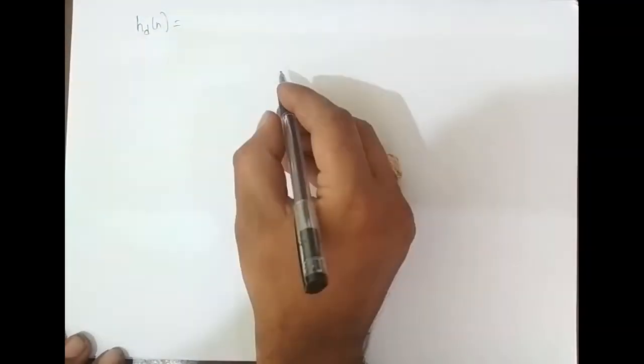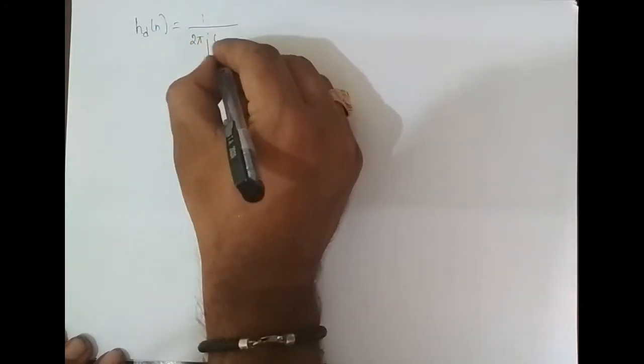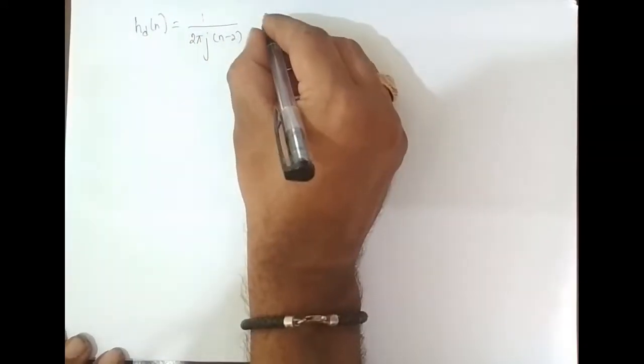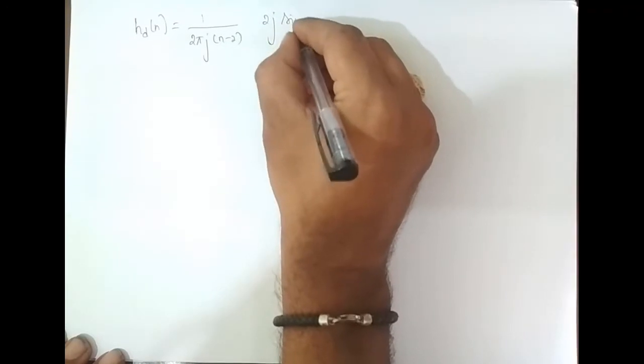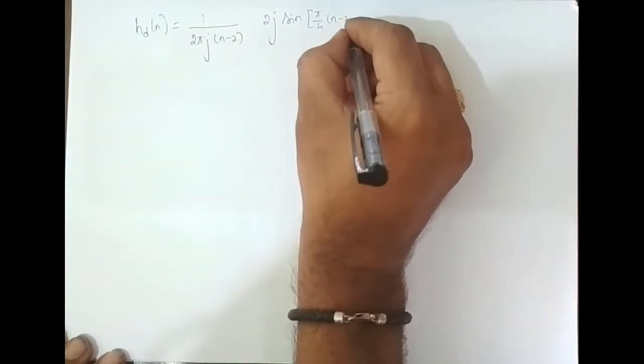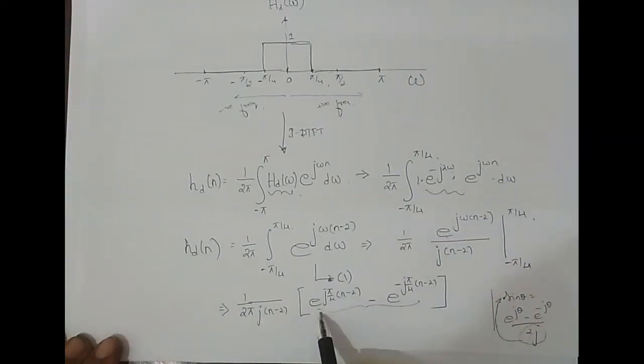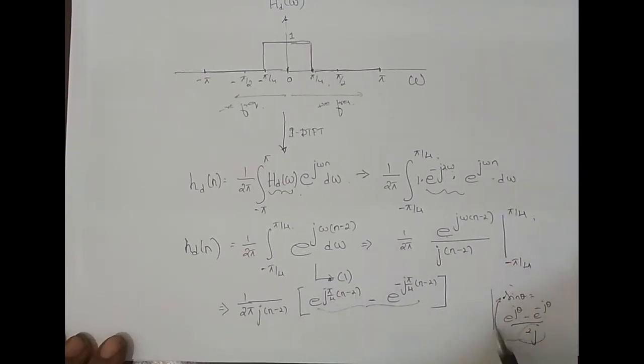Let me write it here. So hd of n is equal to 1 by 2 pi into j(n-2) into 2j times sine of pi by 4 into (n-2), because of this result.